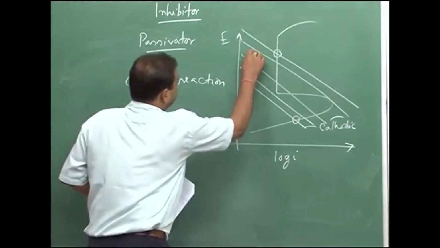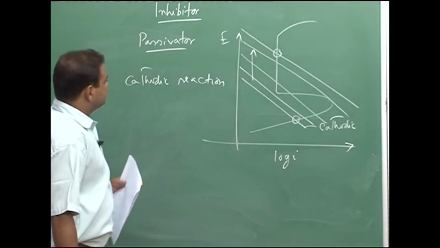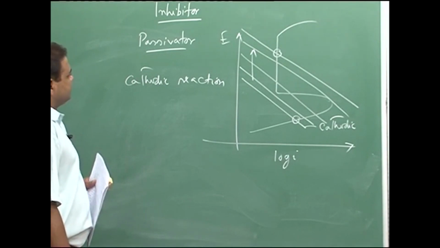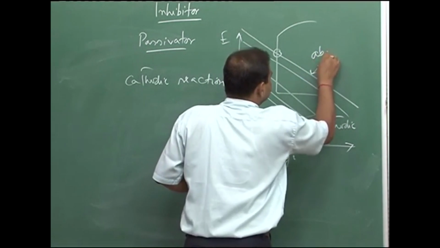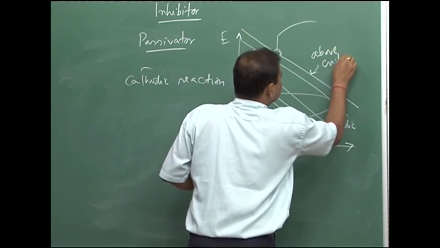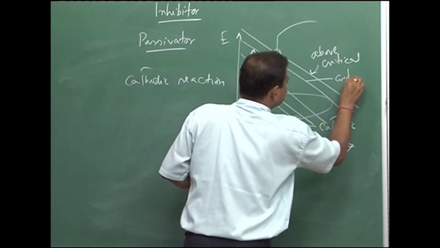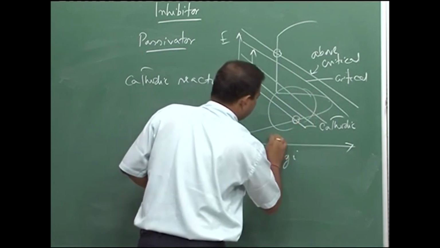So, the inhibitor moves this electrode equilibrium potential towards the positive side or noble side, and that means this is above critical, and this is critical, and these three are below critical.